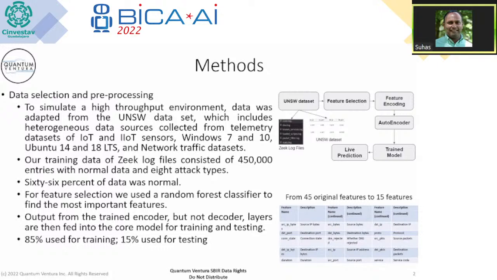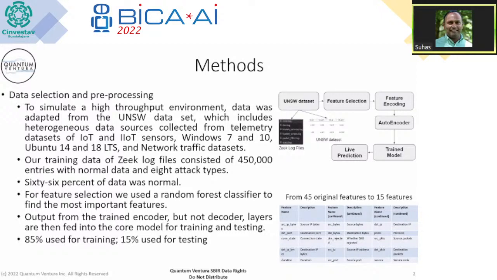It was picking things like source IP, destination IP, the bytes, the ports, the duration, service code, and things like this. And then this was used as an input into an autoencoder, which is doing a dimensionality reduction and looking for a lower dimensional subspace which explains normal versus abnormal traffic.